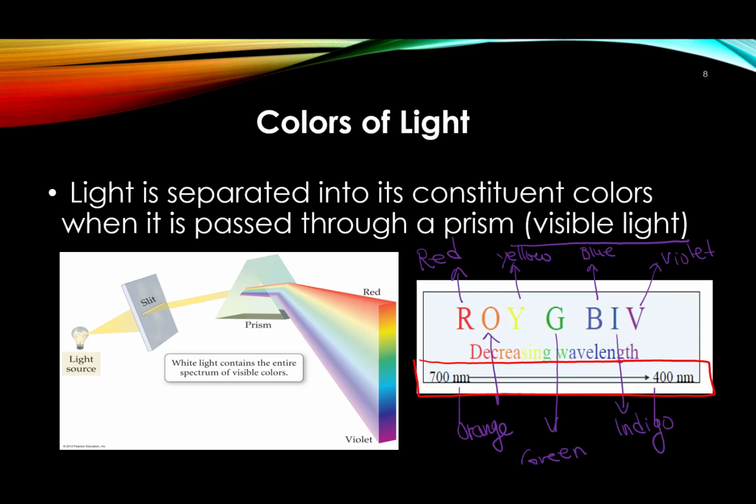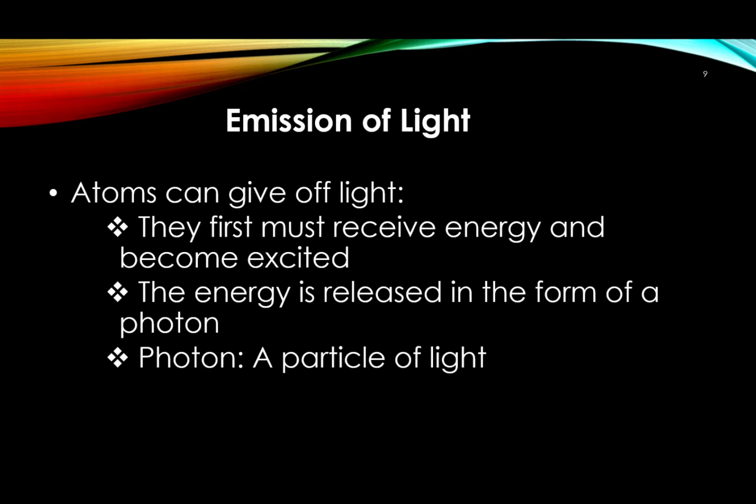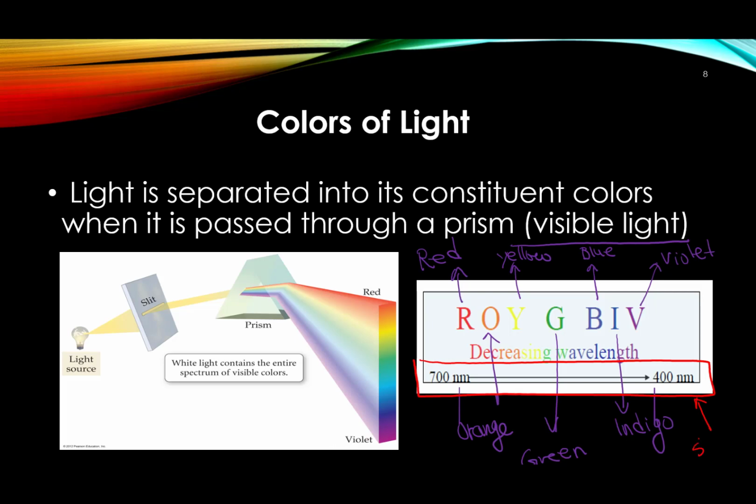Then based on this diagram, violet has the shortest wavelength, whereas red has the longest wavelength.